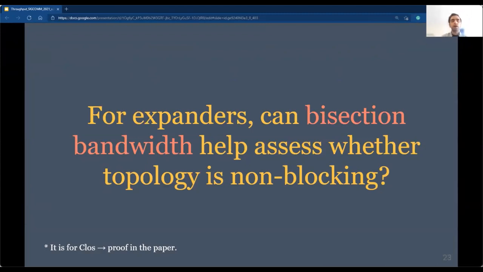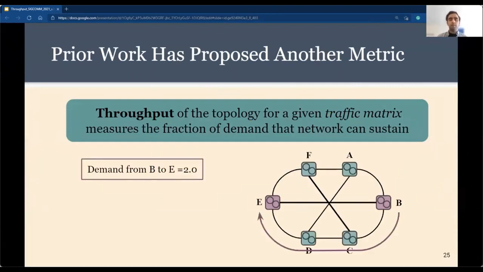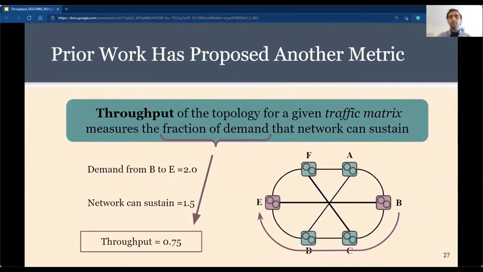To understand this question, I have to describe another metric that has been proposed by prior work, and it's called throughput. Throughput is the fraction of demand the network can sustain. For example, consider this topology in which B wants to send traffic to E at rate 2. But the network can only handle 1.5 rate of traffic. As a result, the fraction of demand, or throughput, here is 0.75, which is 1.5 divided by 2.